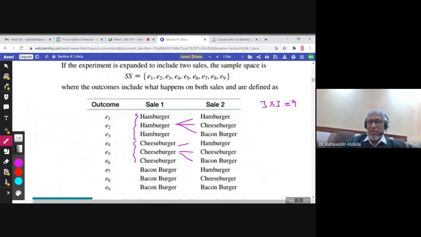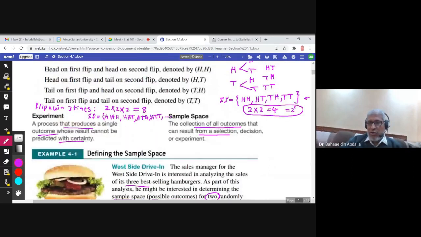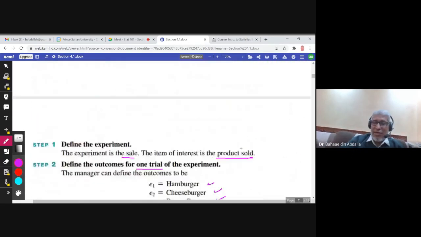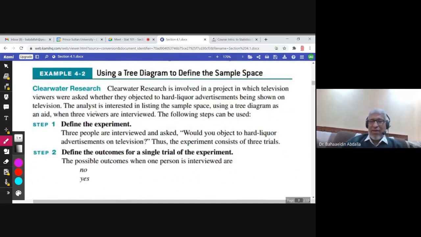This type of graphing, which I used here also, is called a tree diagram. So let us give an example about a tree diagram. Clearwater Research is involved in a project in which television viewers were asked whether they objected to hard liquor advertisements being shown on television.